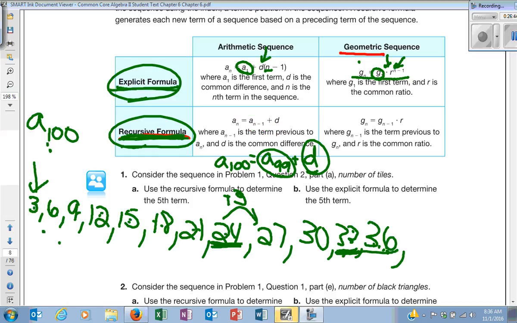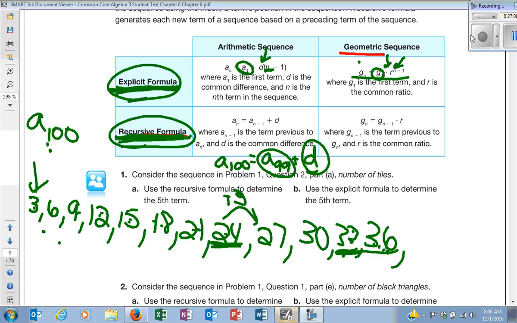All right, so for these guys, the arithmetic and the geometric sequence, explicit and recursive formulas are going to be very similar. For explicit, it will find any term, anywhere, wherever you want, as long as you have the first term and the common difference and you know what term you're trying to find.